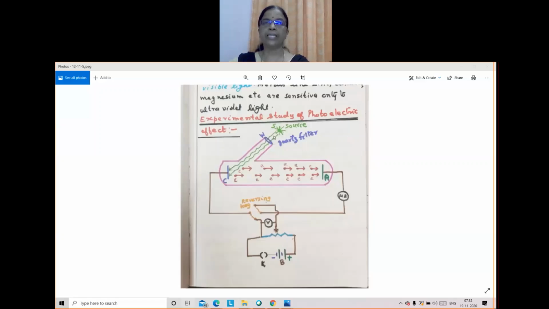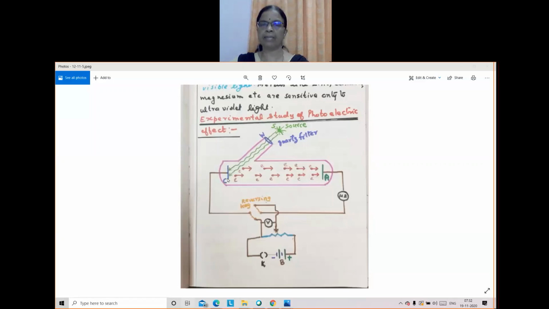That is Einstein's photoelectric equation. Suppose E equal to h nu is incident on this metal surface, and h nu 0 is the work function of the metal. For the particular metal, it needs some energy, that is the work function.